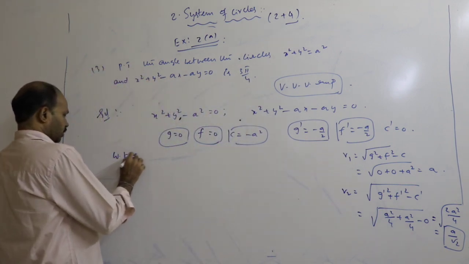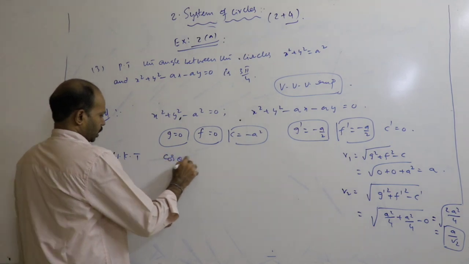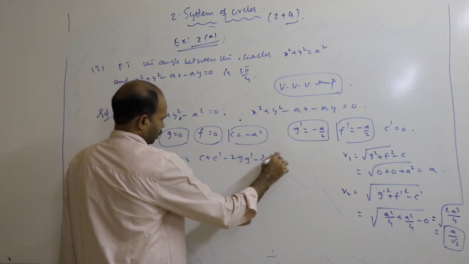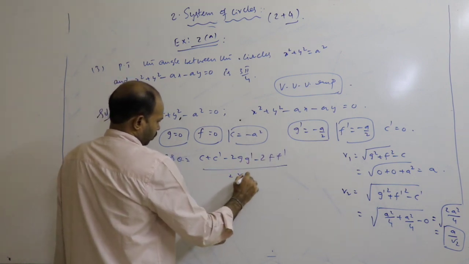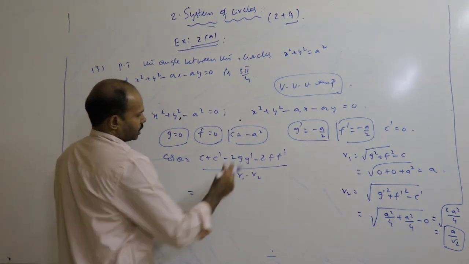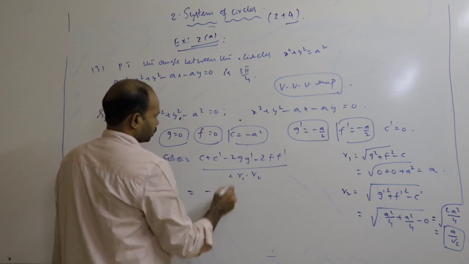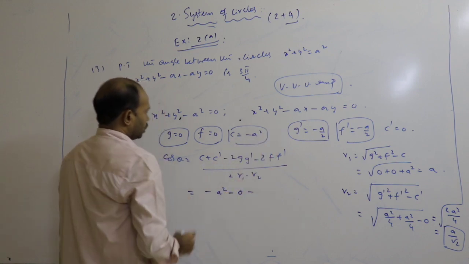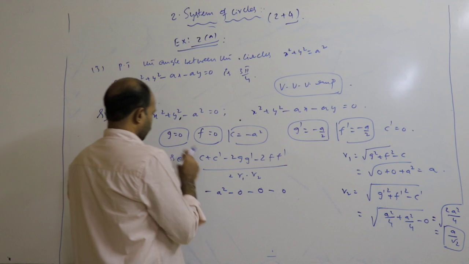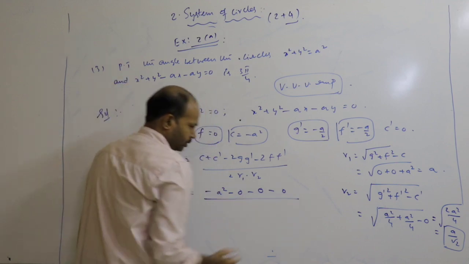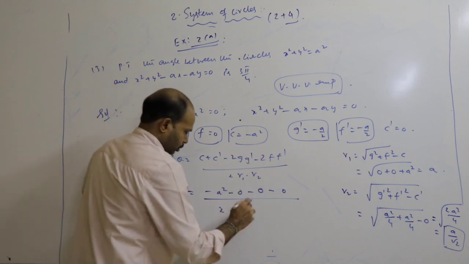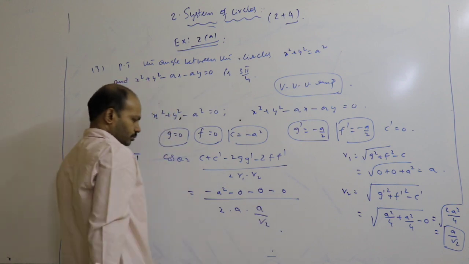We know that cos theta is equal to c plus c dash minus 2gg dash minus 2ff dash by 2 r1 r2. Apply the values. c plus c dash is minus a square, c dash is nothing, 2gg dash is 0, 2ff dash is also 0, because g is equal to 0, f is equal to 0, by 2 r1 r2, which is a by root of 2.